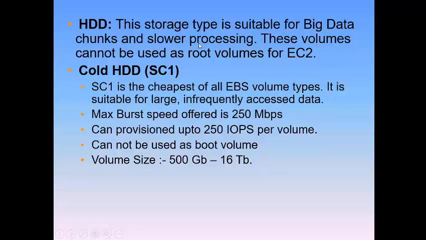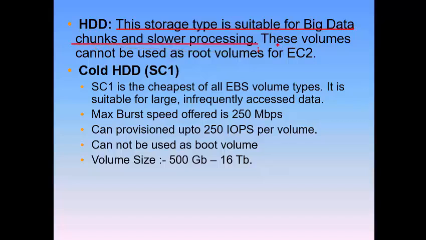The point is, we don't worry much about input output or throughput, just normal working. I will show you the complete comparison as I told you. Right now, this storage is suitable for big data chunks and slow processing.